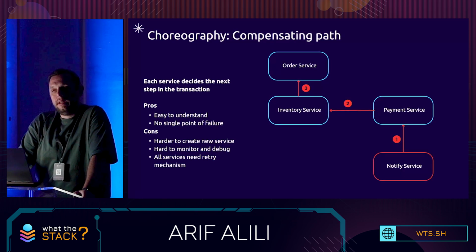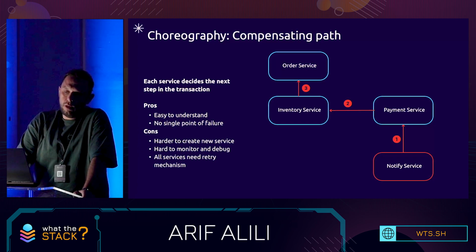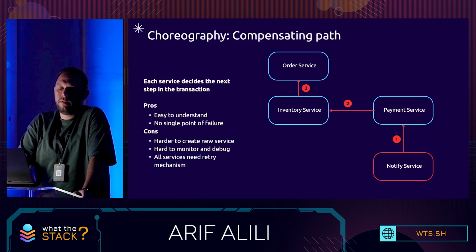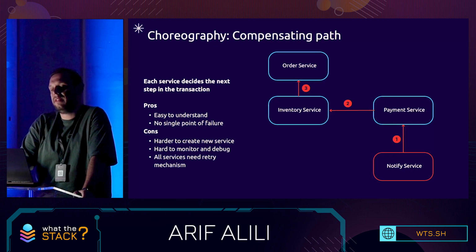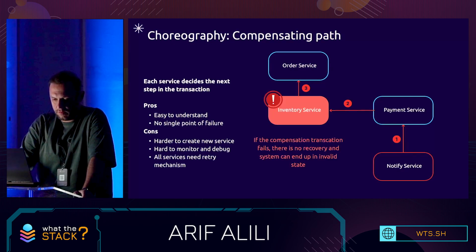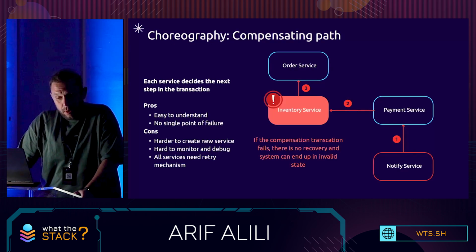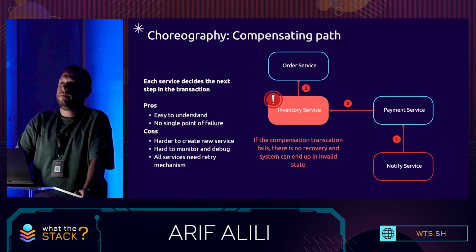But in another way, when something goes wrong, the compensation path is all the way around. So if in notify service, in the previous example that I showed, something bad happens, it will trigger payment service and it will go back to the first service called, which is the order service. What if a compensation service fails?